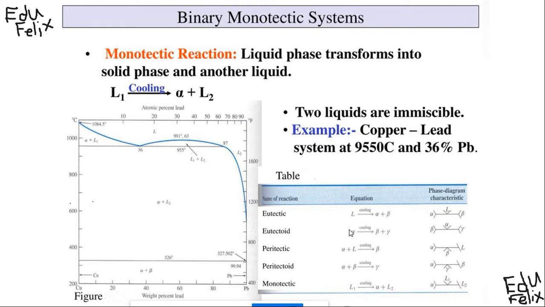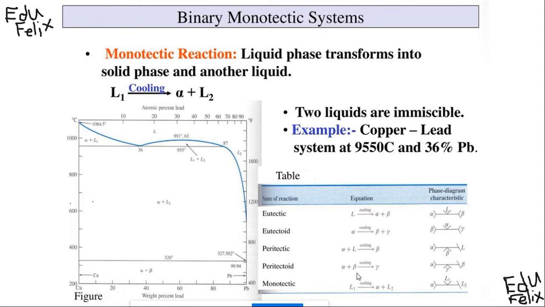But eutectoid means you are starting from solids, right? So in between those two, A and B, you have only a solid phase transferred to two different solid phases. It is called eutectoid.